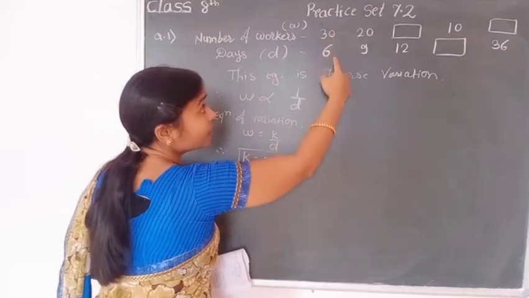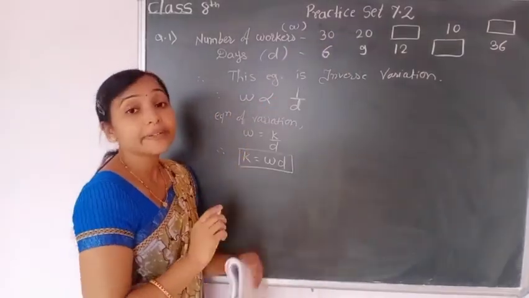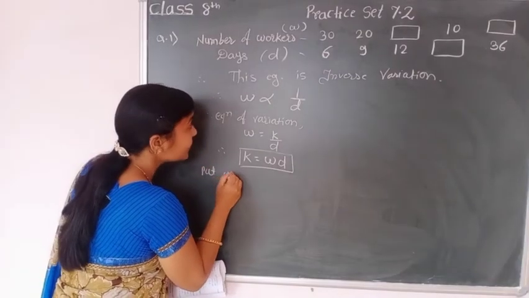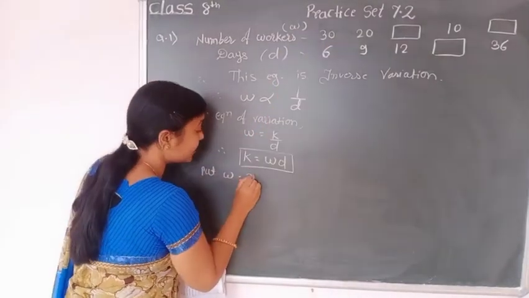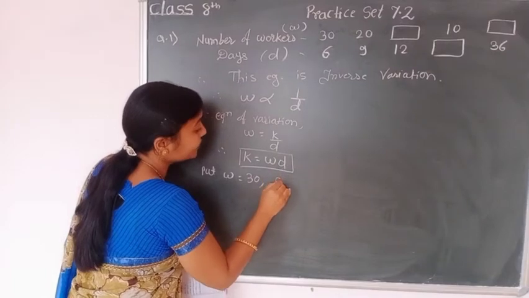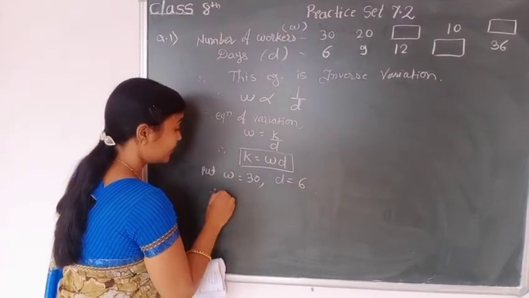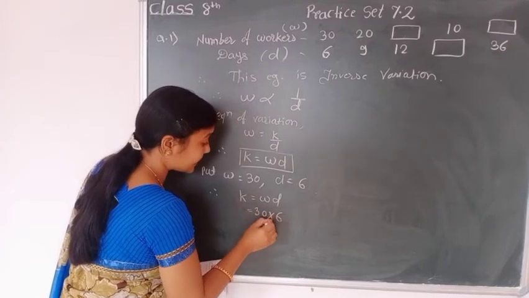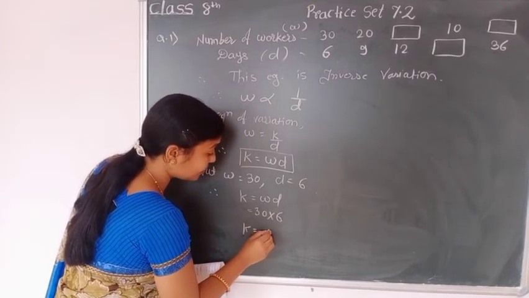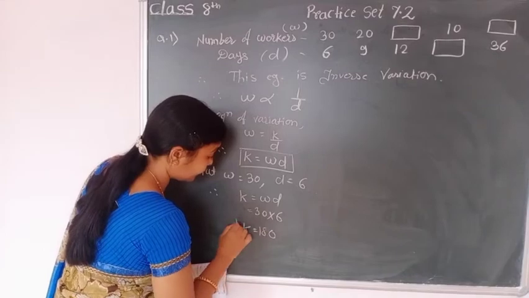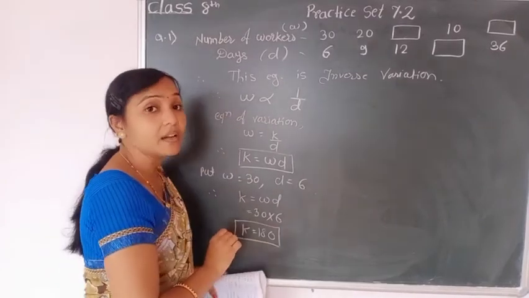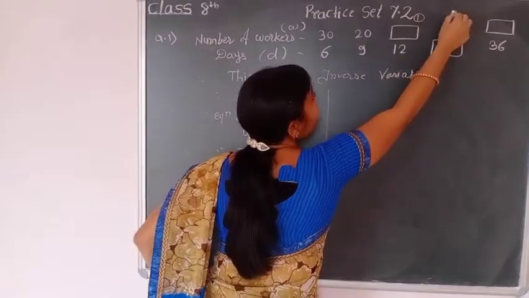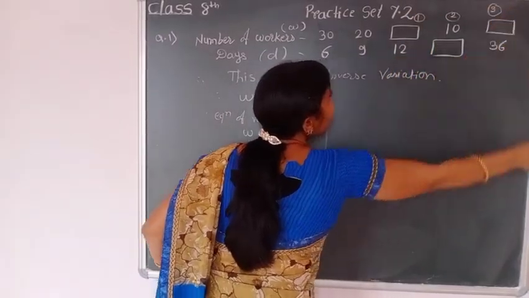Now we know both quantities, so from these quantities we first find the constant. Put W, number of workers, equal to 30 and number of days equal to 6. So to find k, W into D means 30 into 6. So k is equal to 180. The constant is 180.